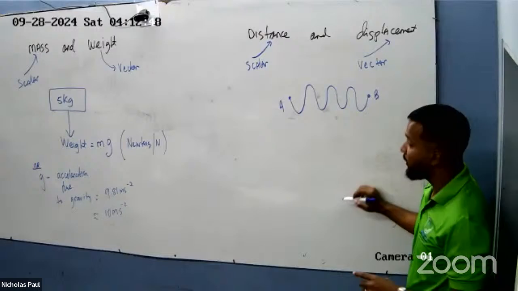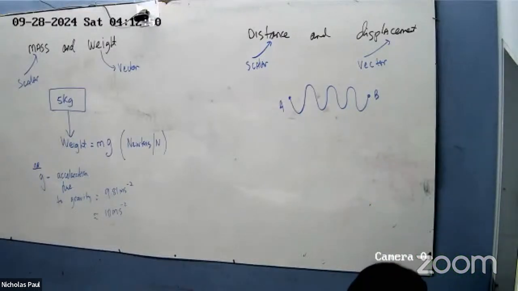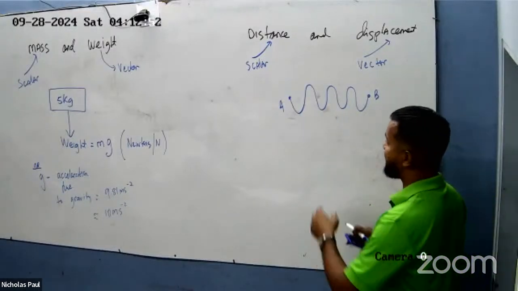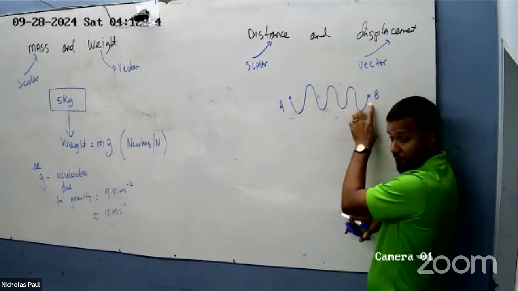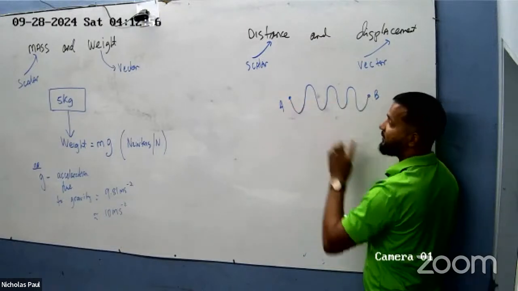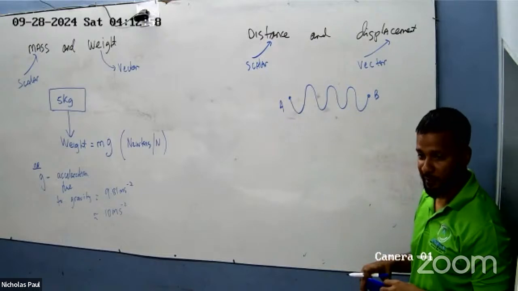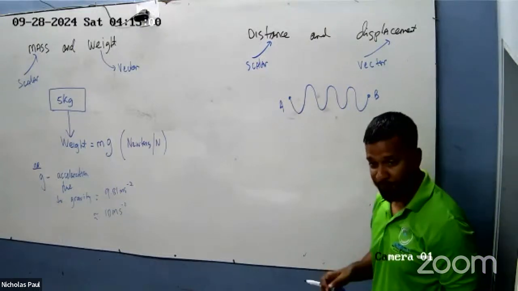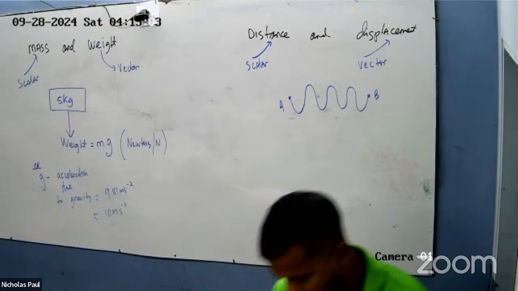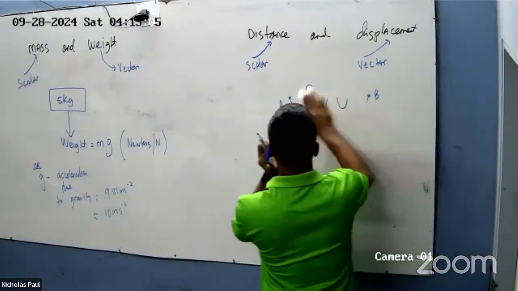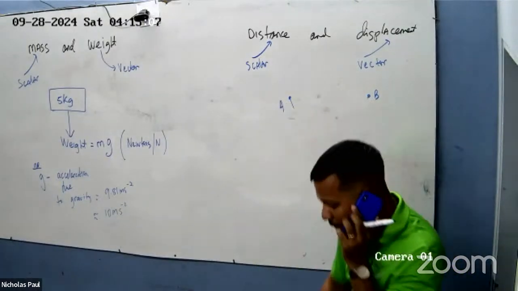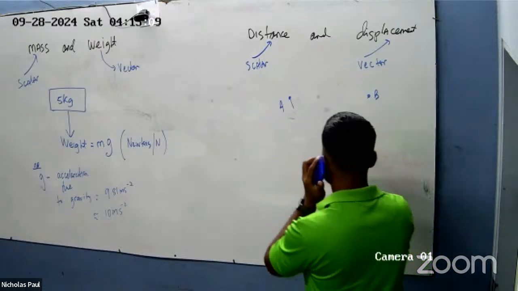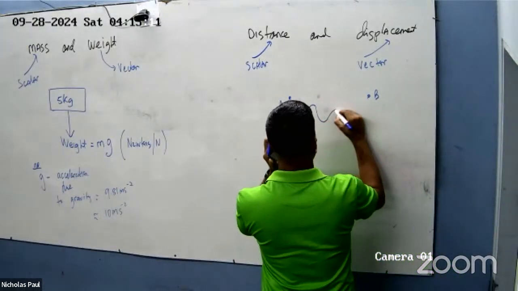But the straight line distance from start to finish, here, that straight line distance is called the displacement. That's okay?